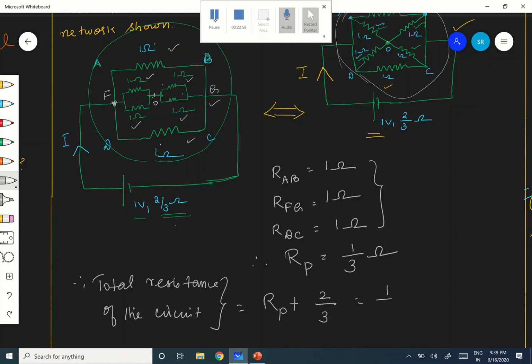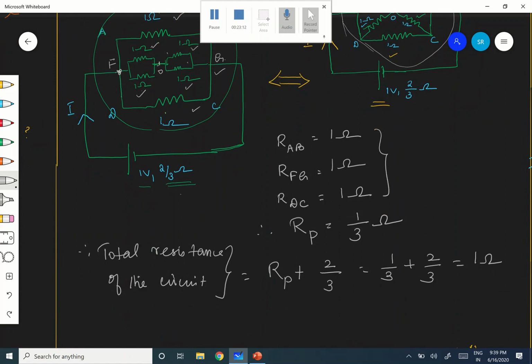That is 1 by 3 plus 2 by 3. Correct? And that is nothing but 1 ohm. Therefore, the total equivalent resistance is, how much now? 1 ohm. Okay, therefore that is enough.